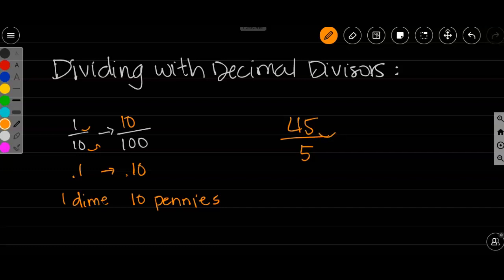If you multiply the numerator times 10 and the denominator times 10, multiplying the same number by the numerator and denominator of a fraction gives you an equivalent fraction. And we've talked a lot about that, right? Any number times 1 will give you that same number. So if we multiplied times 10 with both, that means we just multiplied by 1.